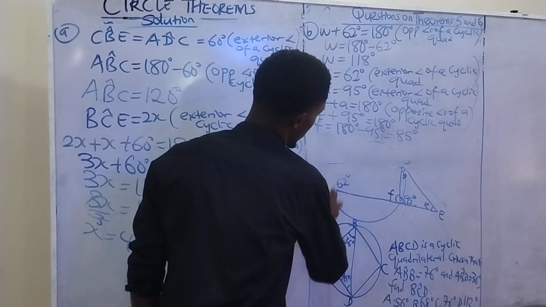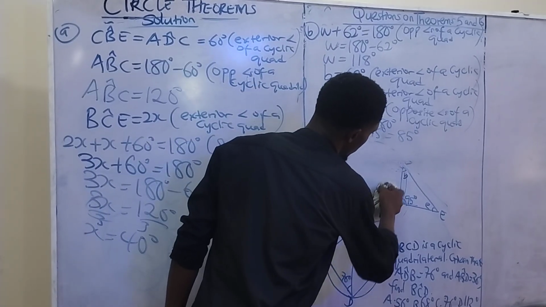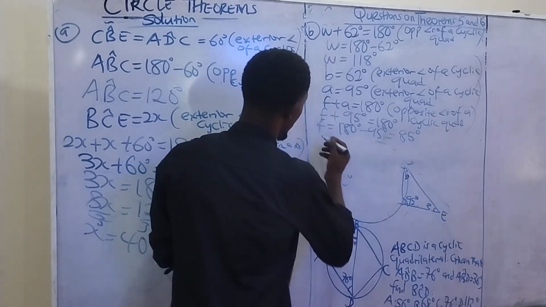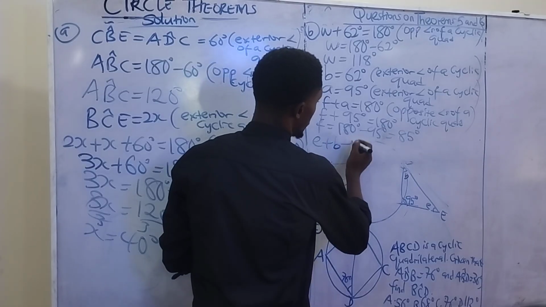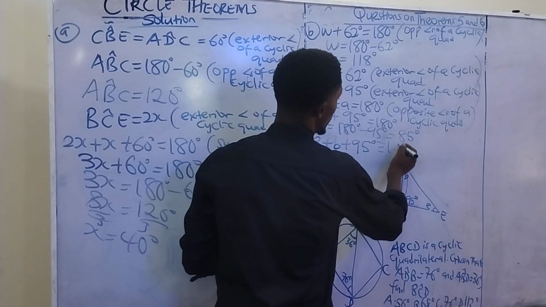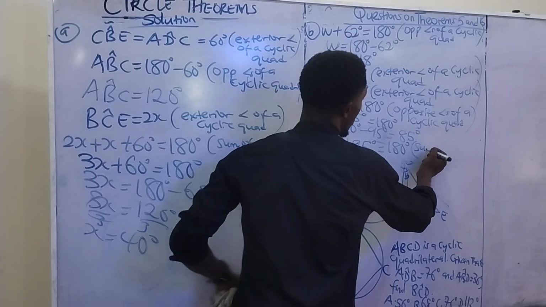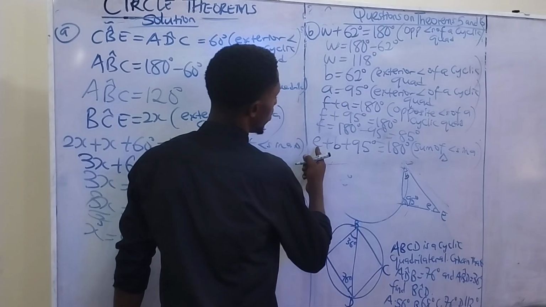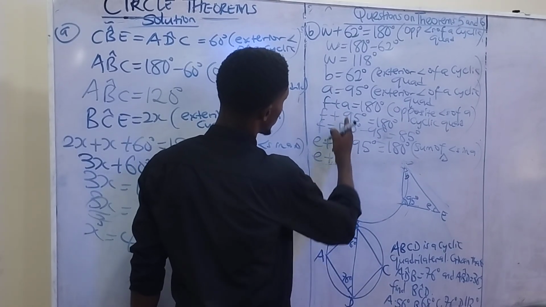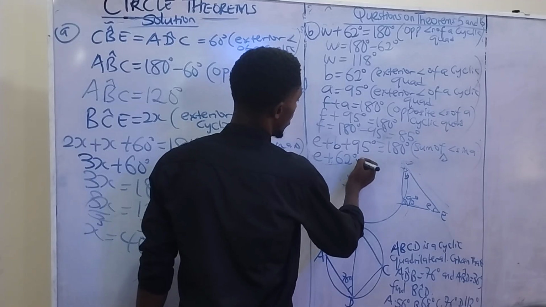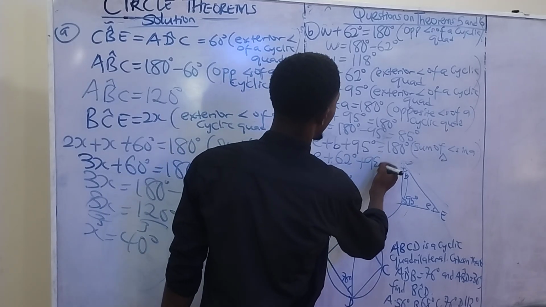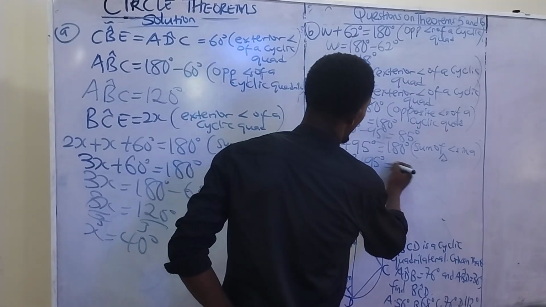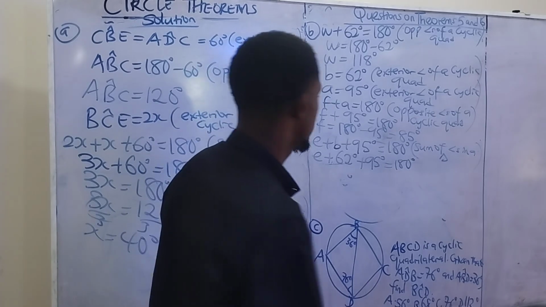Then going by this, look at what is remaining. This is a triangle, so for us to get E is very easy. So we have E plus B plus 95 is equal to 180 degrees, sum of angles in a triangle. So E plus my B, which is 62, plus 95 is equal to 180 degrees.